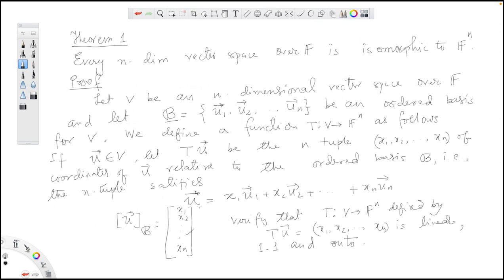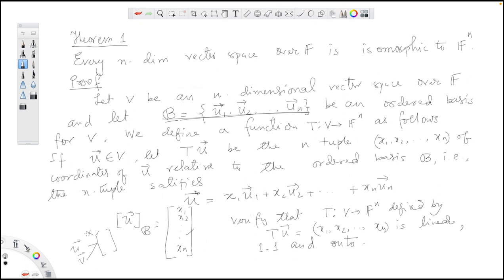No two vectors of V can have the same n-tuple as their coordinate matrices relative to the same ordered basis B. If I take two distinct vectors from this vector space with reference to this ordered basis, they cannot have the same coordinate matrix.